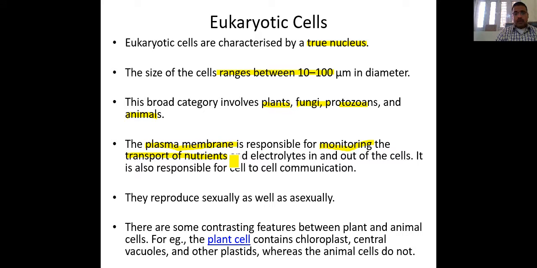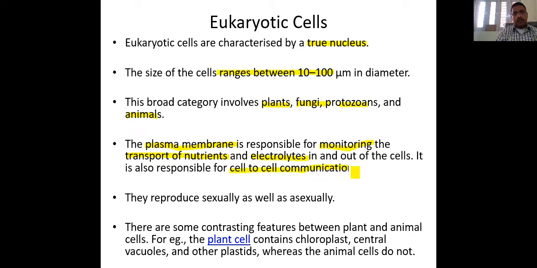And also there are the electrolytes. That means which kinds of things get inside and get outside, those things are maintained by this plasma membrane.